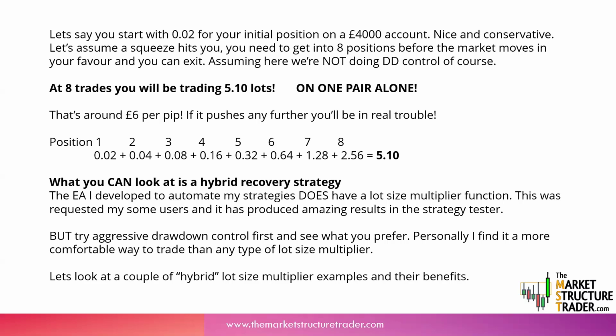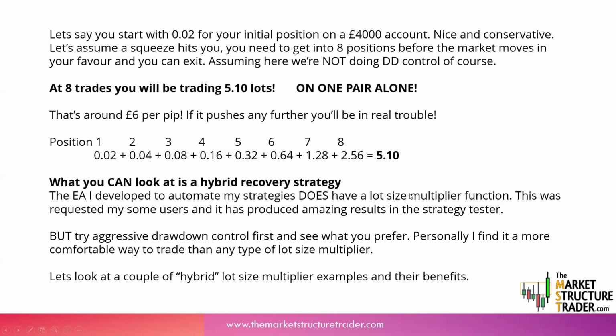But I was asked to put it into the EA because people wanted to position trade, but rather than doing aggressive drawdown control, they wanted to scale into positions slightly higher. So instead of waiting for 4 or 5 or 6 positions to be in drawdown, then going in with a big one, what they wanted to do was gradually increase the lot sizing, but ever so slightly, not going crazy with Martingale.